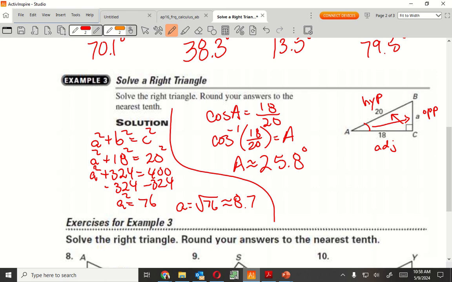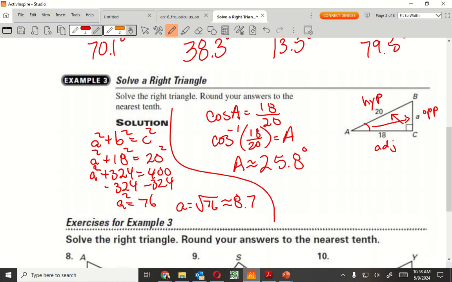Now, yesterday I had you guys write this down. One of the notes from yesterday: there's a way to find B without doing any extra work. I don't have to do the inverse again. What was it called?